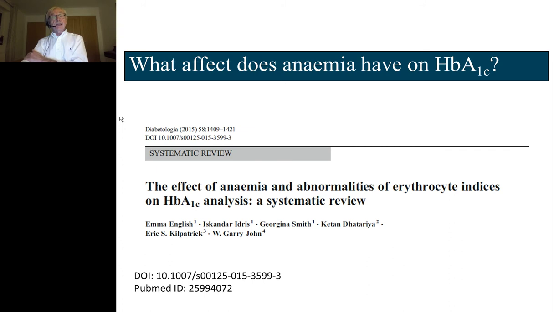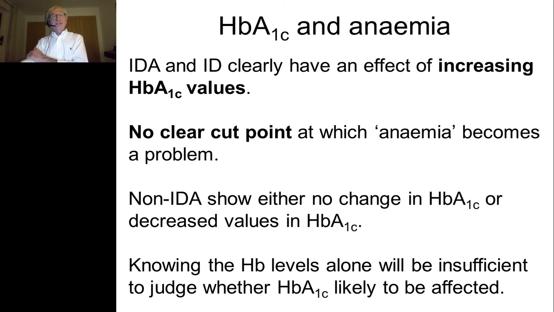Anemia and its effect on hemoglobin A1c. This is a systematic review that me and a group of workers did some years ago and showed that iron deficiency anemia and iron deficiency per se clearly have an effect of increasing hemoglobin A1c values, probably because red cell survival increases with iron deficiency anemia.